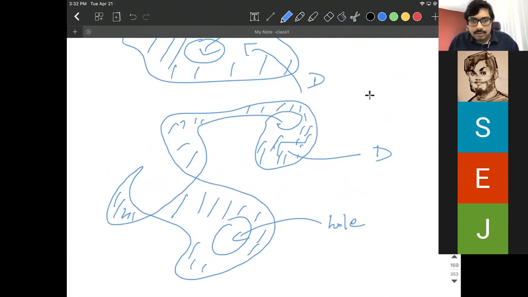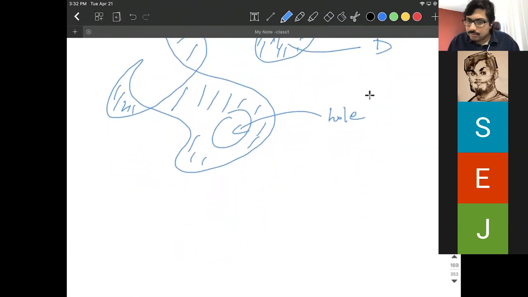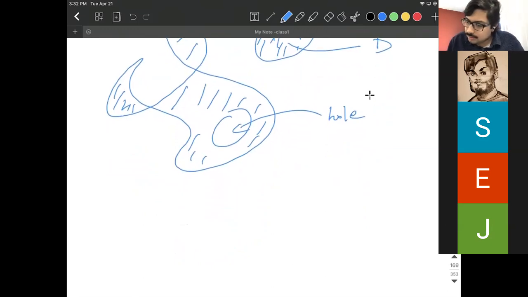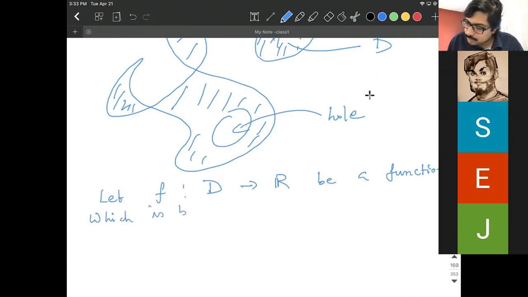Okay, so then the first thing we do, so let f from this D to R be a function which is bounded. Okay, then we define a new function in the following way.